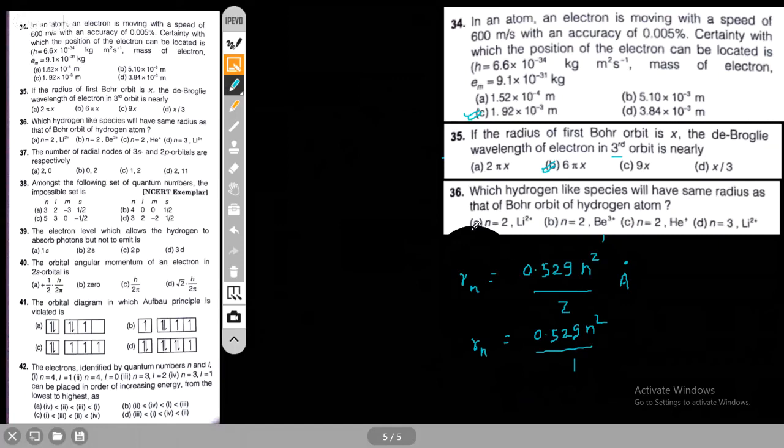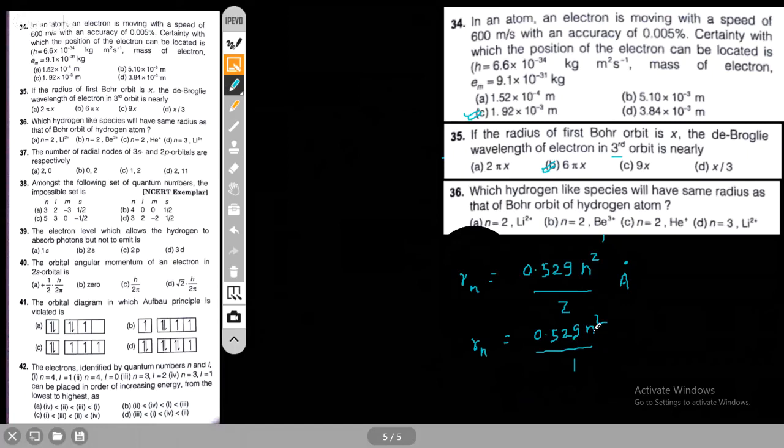Now, if you see the options, Li2 plus Z value is 3, Be3 plus Z value is 4, He Z value is 2. Correct? One by one, n value is 2, so 2 square is 4, divided by 3 won't be equal to this.